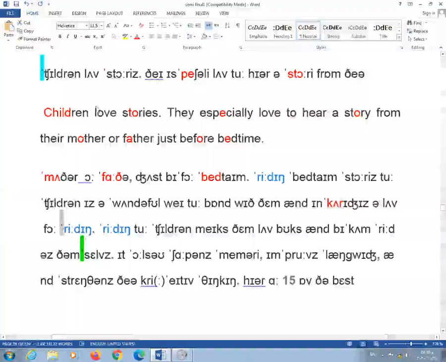So what happens is that the quality of the vowel is determined to a large extent by the stress or unstress a word or a syllable may carry. If a vowel comes in a stressed syllable, it becomes longer and stronger, and if a vowel comes in an unstressed syllable, it becomes weak. Okay, this is a rule that I want you to remember.